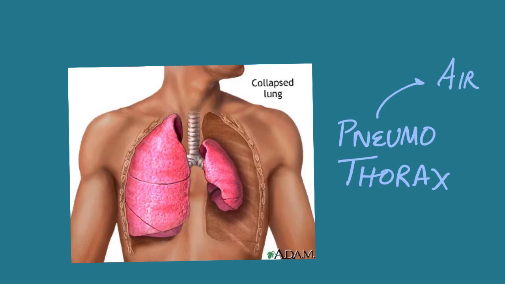So air has entered the chest cavity, and as a result, the pressure inside the intrapleural space has increased, and it is higher than intrapulmonary pressure, and that has caused this lung on the left side to collapse.